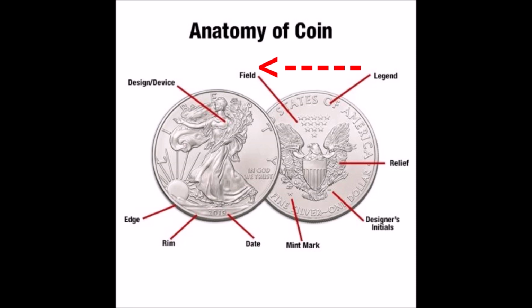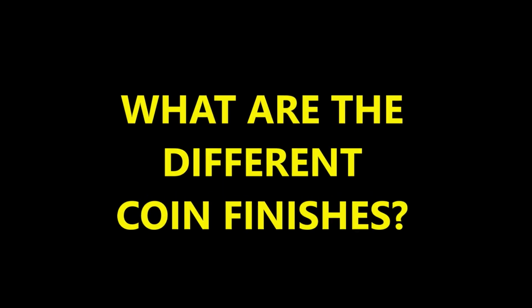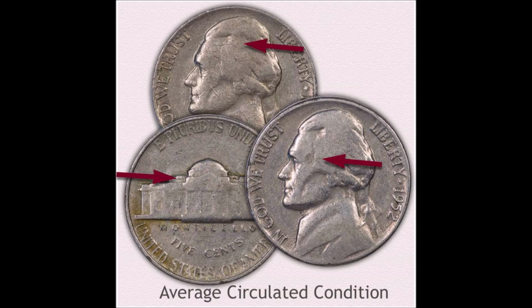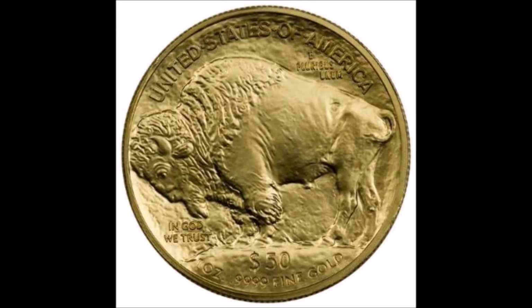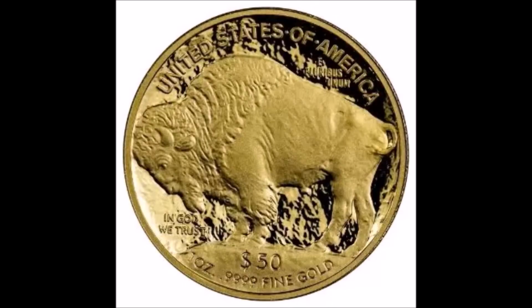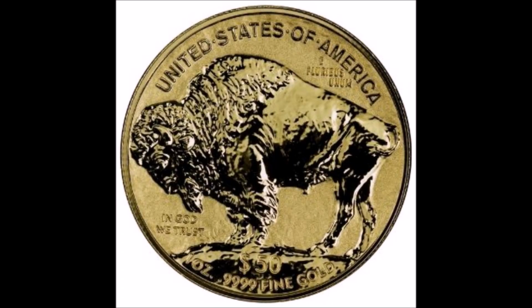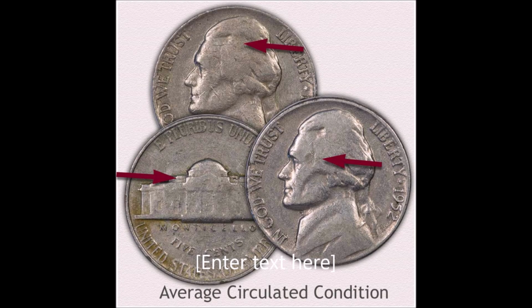So the field is those spaces that do not contain designs on them, and in most cases really show the finish of that coin. So what are the different finishes of the coin? There are a variety of finishes that include circulated, uncirculated, and proof, and with each of these finishes there are different production steps and quality assurance steps that are incorporated into the production process, but we can get into that in later videos.